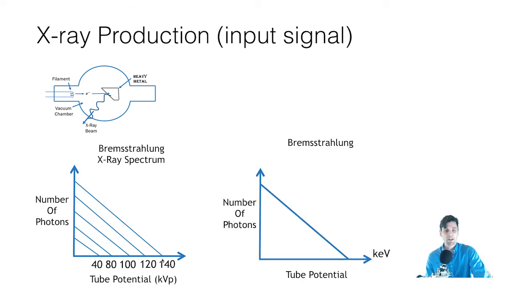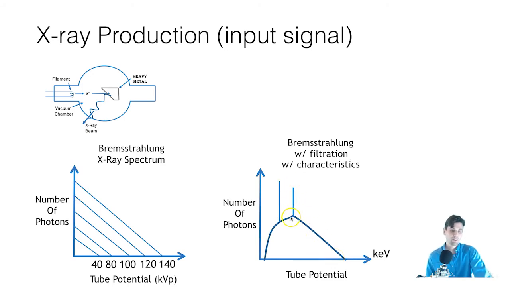But in reality, we start with something like this, and then we have filtration. We have to pass through the glass window, and then we usually have additional filtration of the X-rays before they get to the patient. Those lower energy X-rays are preferentially attenuated, so you get something that looks like this if you have just bremsstrahlung plus filtration.